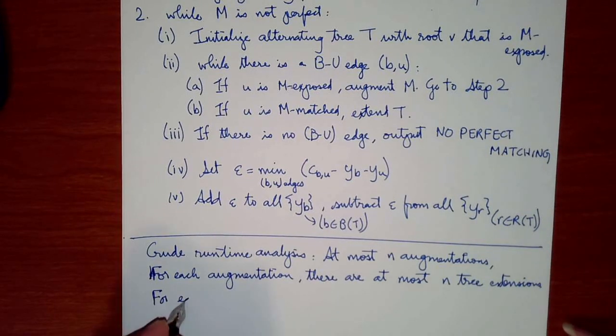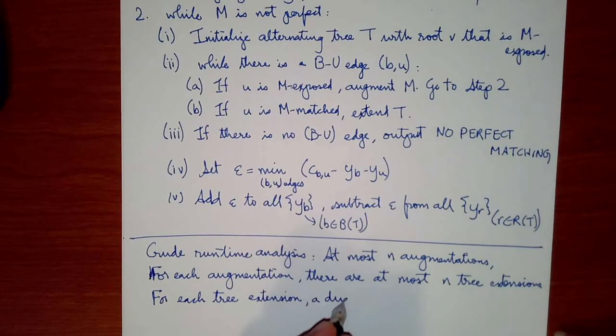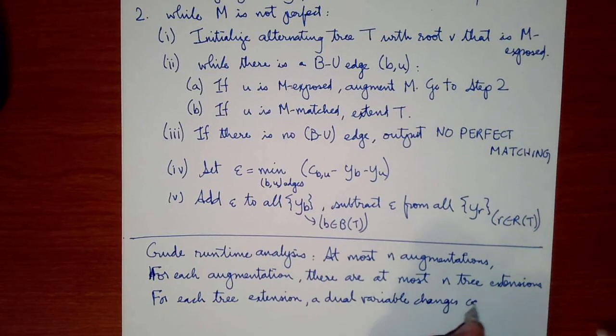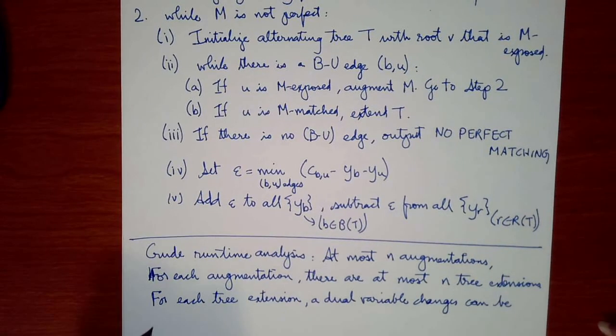For each tree extension, a dual variable change can be done in O of M time.